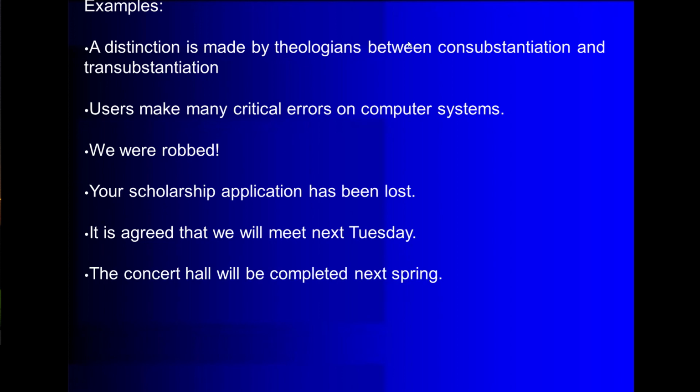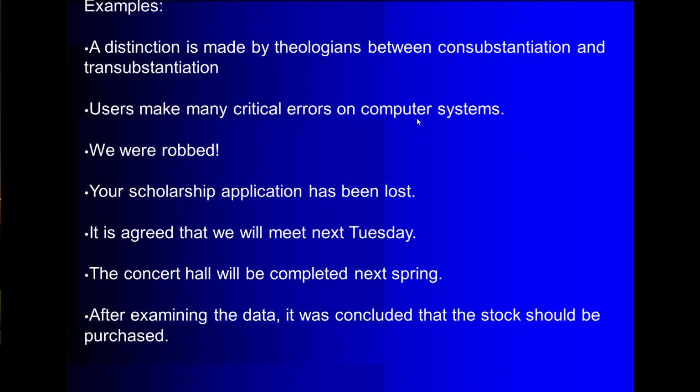The concert hall will be completed next spring. What is that? Passive again. Doesn't tell you who's doing the completing. Doesn't say the workmen will complete the concert hall next spring, or the city will complete the concert hall. It doesn't tell you any agency at all. Okay? The construction workers will complete the concert hall next spring.